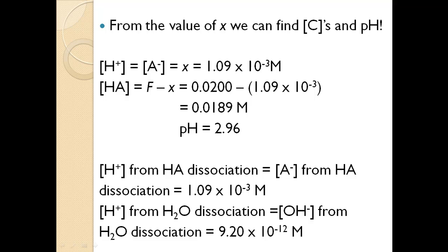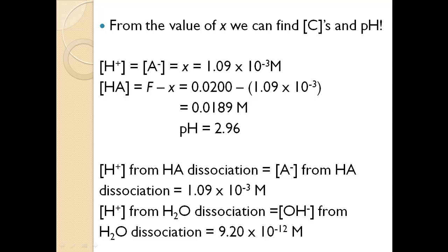So now, from the value of x, like I said before, we can find the concentrations of everybody in that solution at the end of the reaction and the pH. Since we know that H plus and A minus are both equal to x, we know the concentration of those two species.